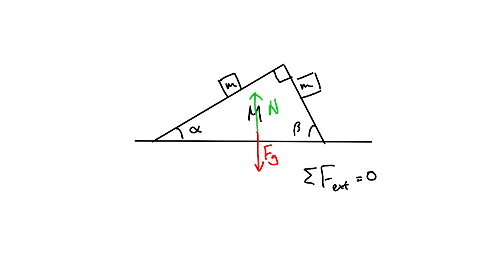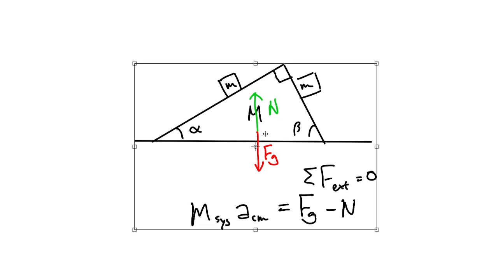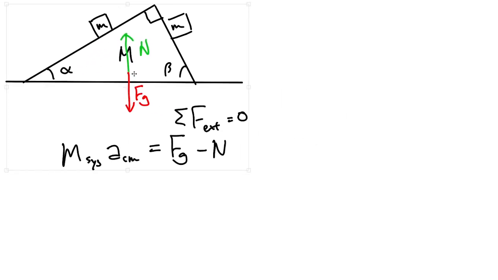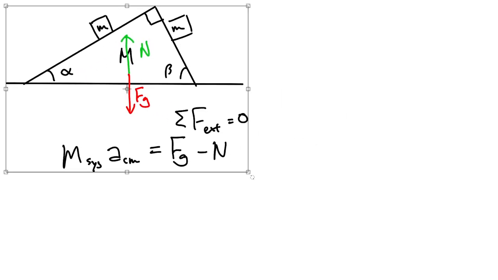And so that means that the total force, basically the mass of our system times the acceleration of our center of mass, is going to be equal to our gravitational force minus our normal force. That's going to be the equation that we're going by. And since we're going to be writing a lot for this problem, I'm going to move this to the side and shrink this a little bit.